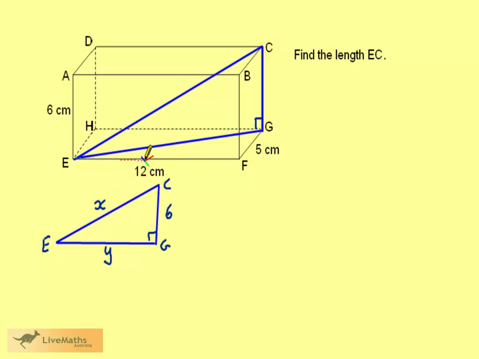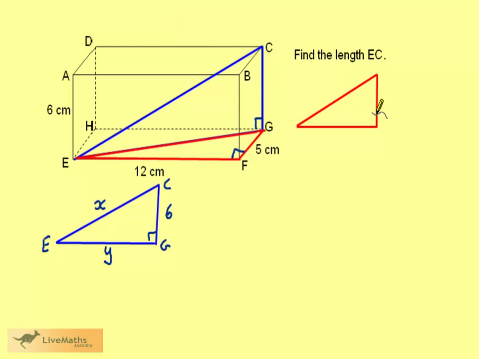We start by finding a triangle that contains the side EG. This triangle here would do the trick. We can see that this triangle would be right-angled at F. What we need to do is draw this triangle out. So we're drawing the triangle EFG.